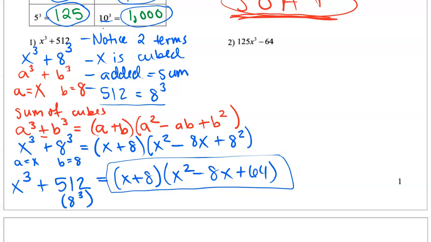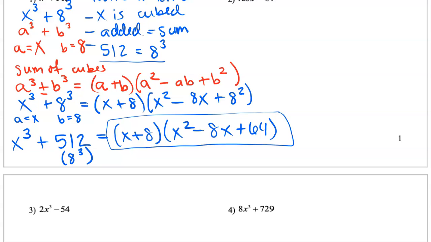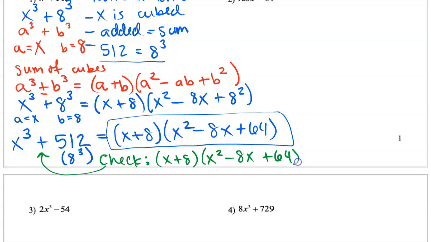Now, I'm not going to make you do this in your classwork, but for the sake of learning, we're going to check. We're going to multiply these together and see if it actually does somehow magically equal x cubed plus 512. I'm going to multiply these together because that's what it means to factor something. It means that you are breaking this expression into the 2 factors that multiply together to equal this.